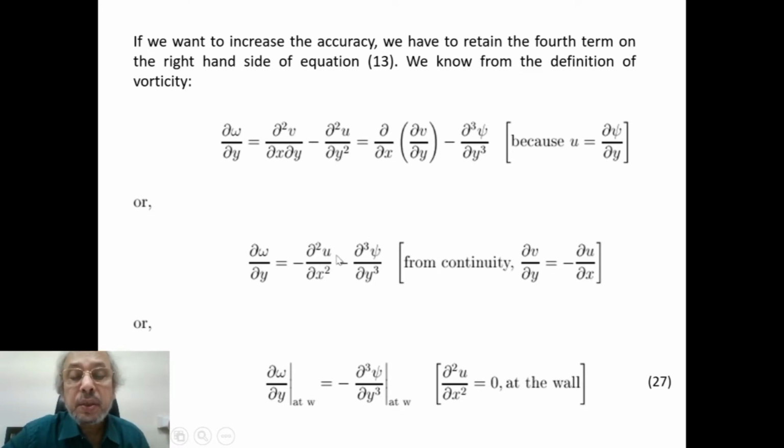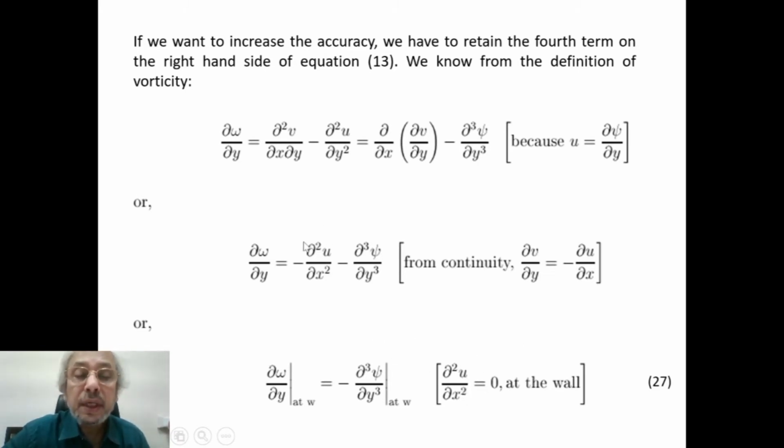But for del 2u del x 2 on the solid boundary, all u's are 0. So del u del x is also 0. Del u del y is present, a strong component, but since all u's are 0, the gradient of u in the x direction is also 0, and the double derivative is also 0.